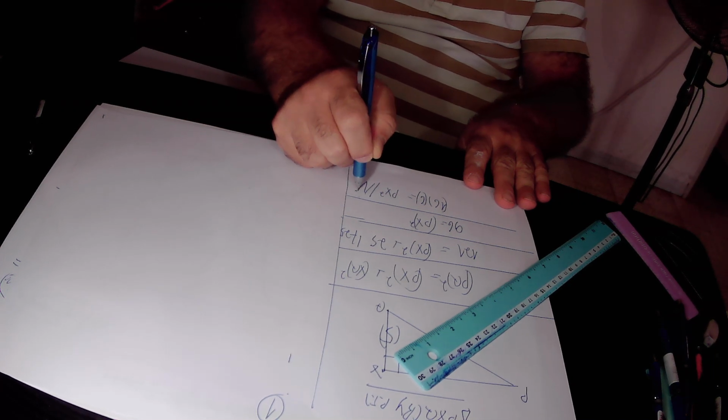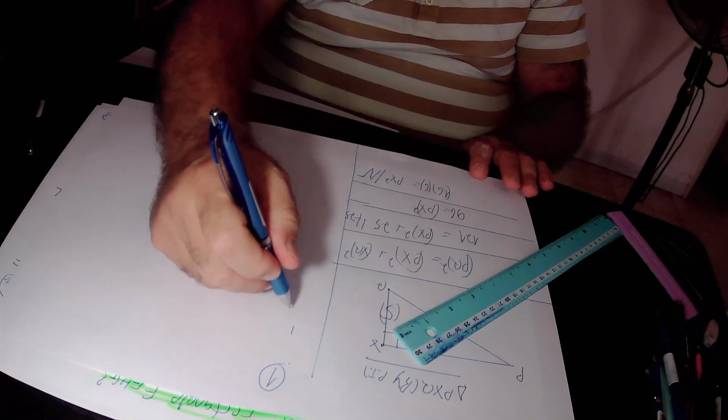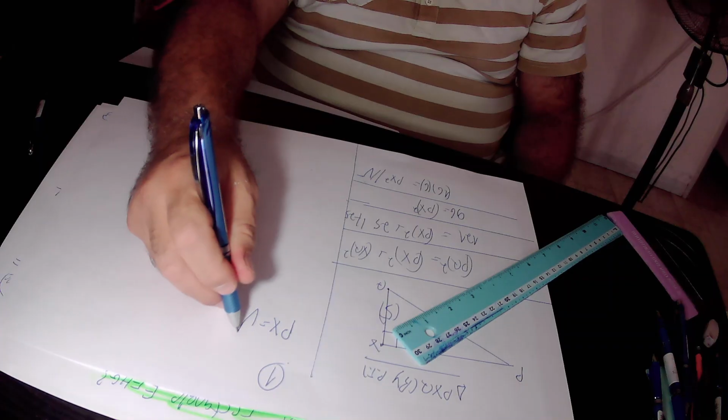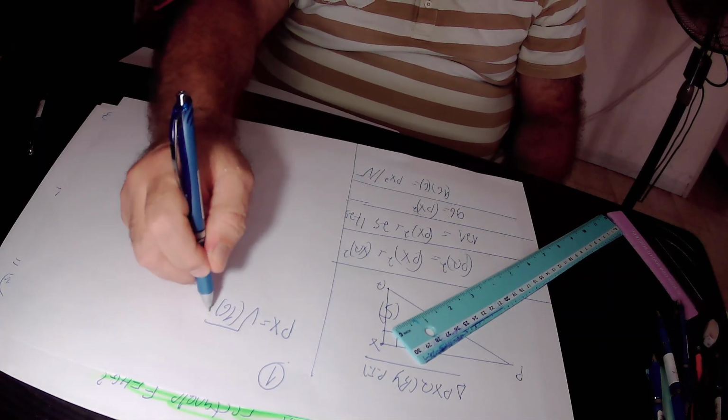Here we take a root out of this equation, and finally get that the missing side PX is equal to the square root of 16 times 6.